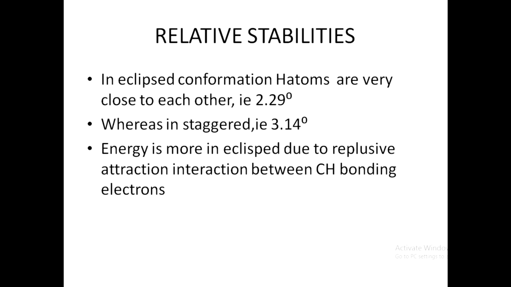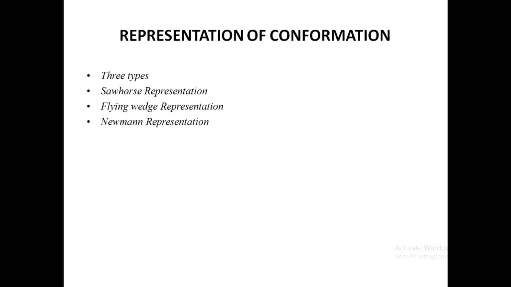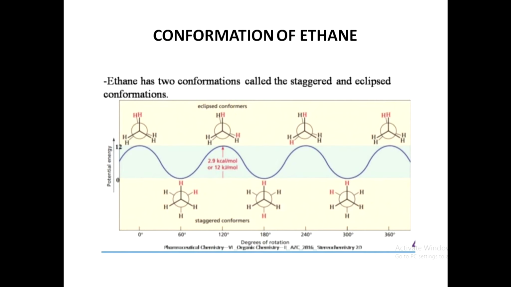At the start we came across a graph. See, this is the eclipsed and this is the staggered. So energy is more for eclipsed compared with staggered. And this is the graph, that is the relative stability graph of ethane. Okay, that's for today. Thank you.